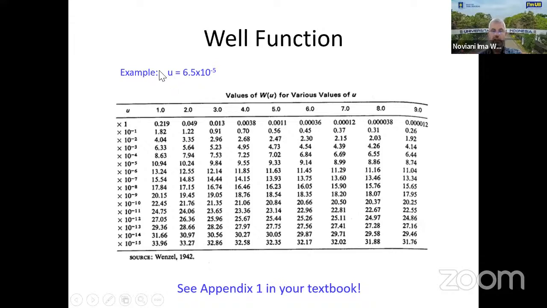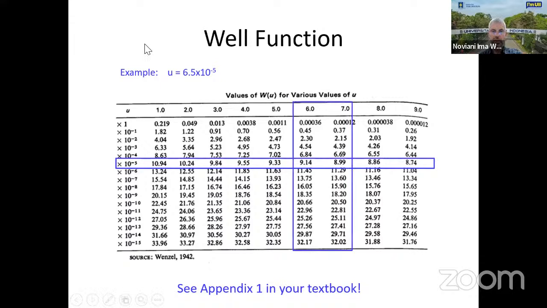Let's say in this example, let's pick 6.5 times 10 to the minus 5. So we're somewhere here. Okay. So this is the line that we have to look at.